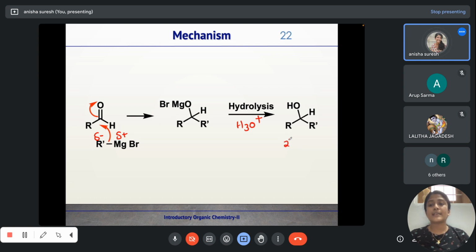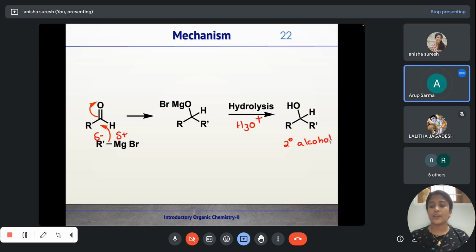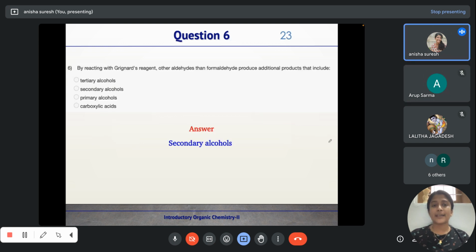So this is a secondary alcohol. Mechanism is clear, right? Any doubts? No doubt. Okay. So the correct answer is, by reacting with Grignard's reagent, other aldehydes than formaldehyde produce secondary alcohols.